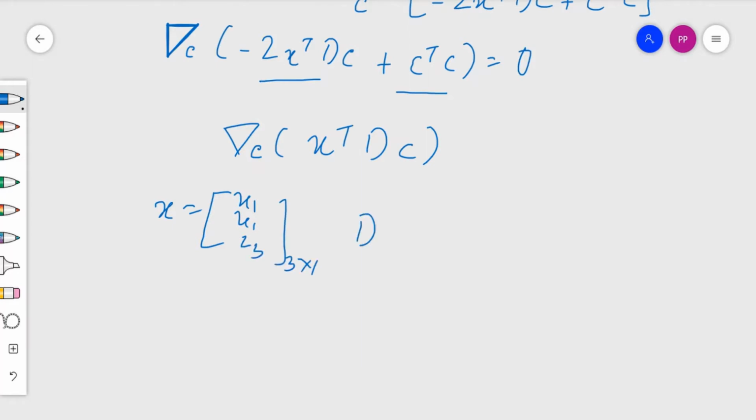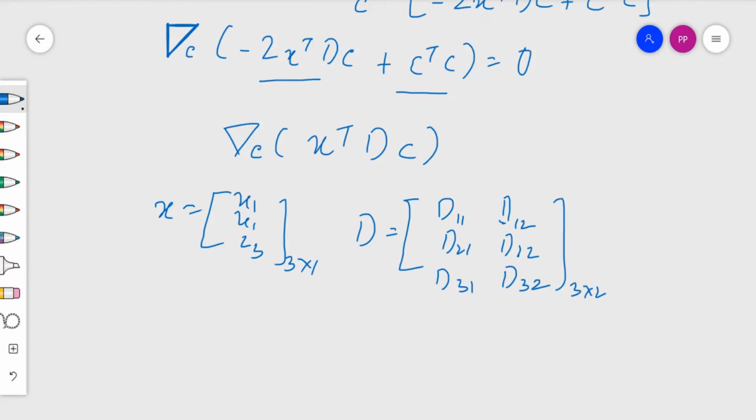Then D as D11, D12, then D21, D22, then D31, D32. This is 3 by 2 matrix, and the vector C, C1, C2 as 2 by 1.